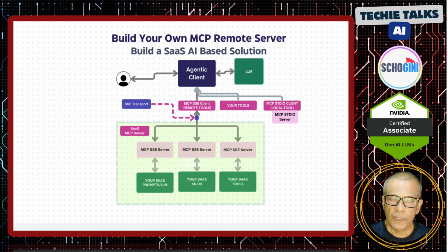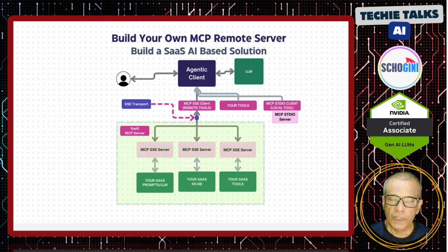Now comes the MCP. What MCP does is, MCP standardizes the way we attach tools to an agent. So normally we attach tools directly to an agent, so the tool also resides on the same machine. But when it comes to MCP, we have two options.